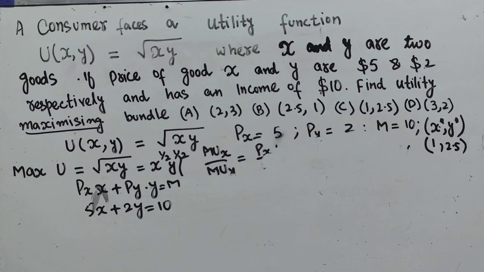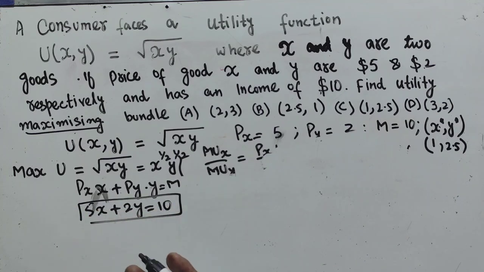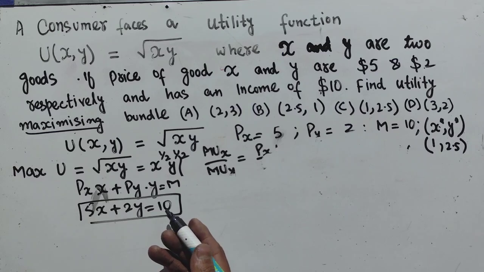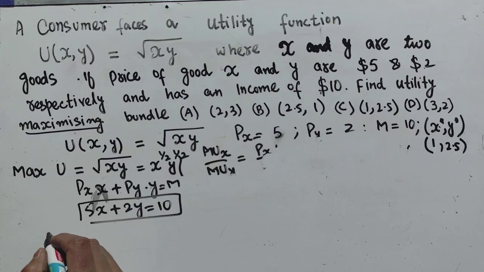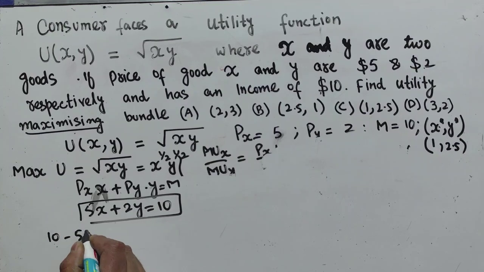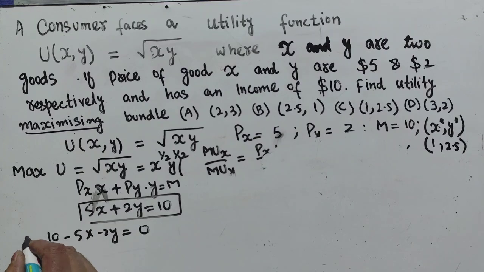So in the Lagrangian method, what we do, we simplify this further. We set it equal to 0 first, so we get 10 minus 5x minus 2y equal to 0. Then we multiply both sides by lambda.